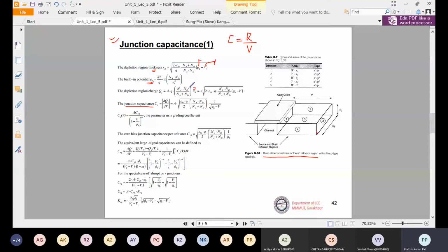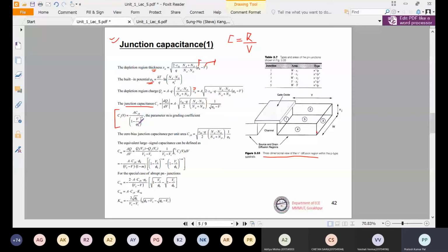So this is the formula. Once we integrate this value, we finally get a formula for Cj, the junction capacitance, which depends on voltage: Cj equals A Cj0 divided by (1 minus V by phi naught) to the power m. Here m is the grading coefficient.